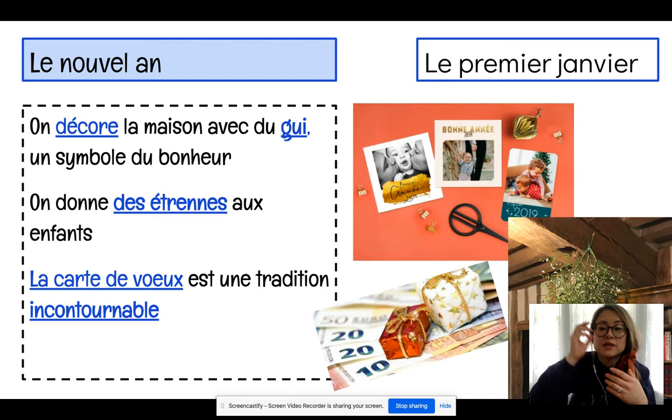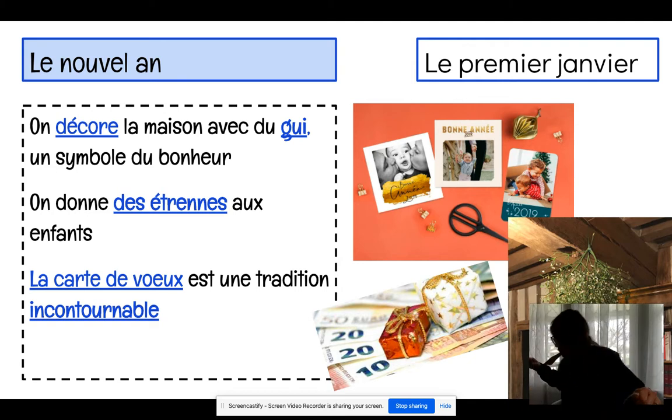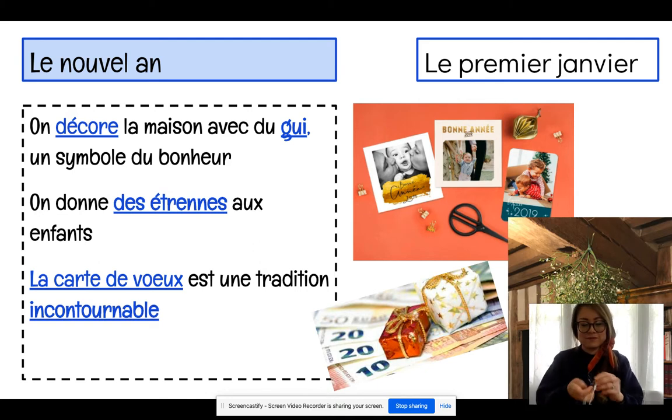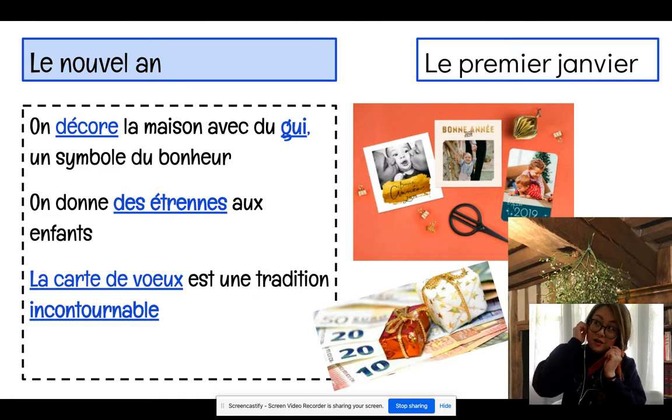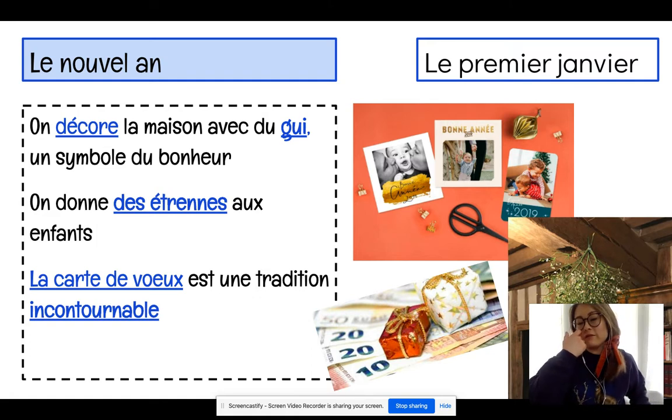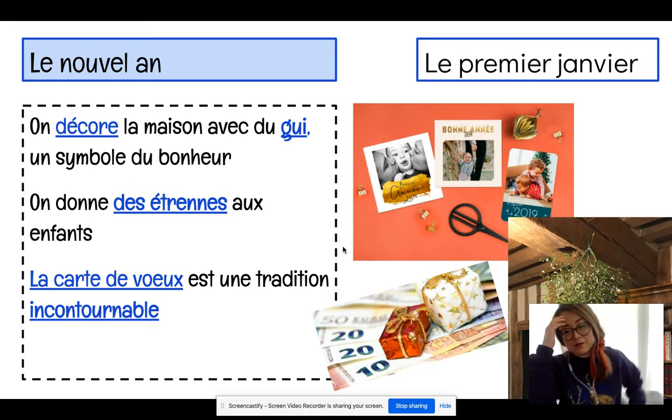It could be just tiny, nothing really expensive, especially coming off of Christmas. So des étrennes are little. It could be money, like just a few euros, depending on your family.